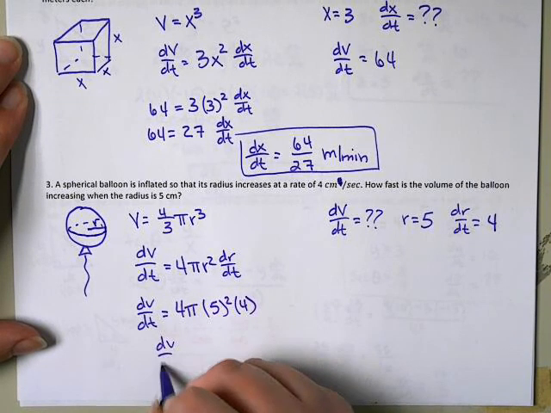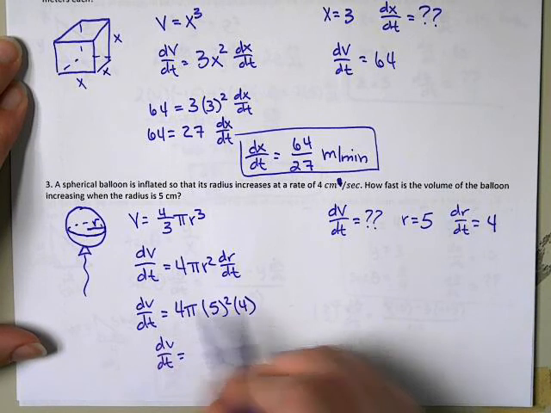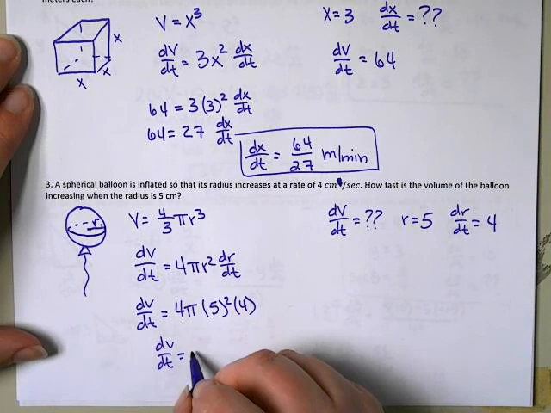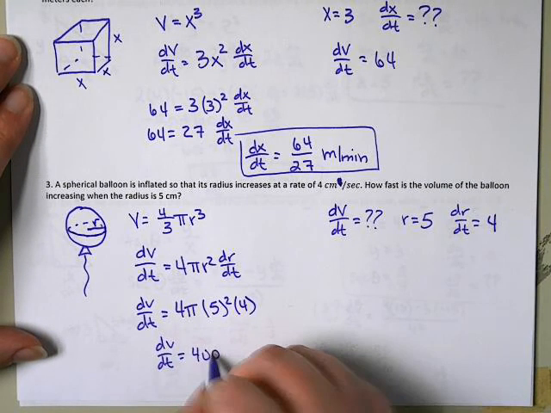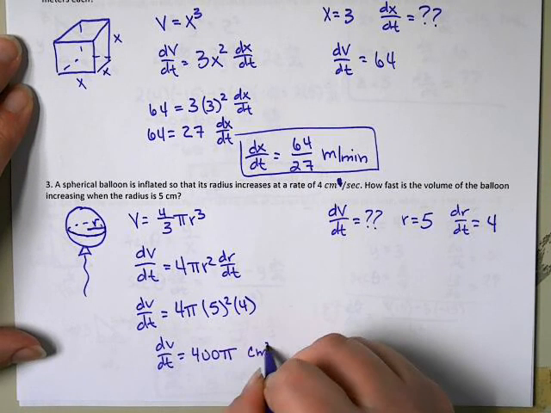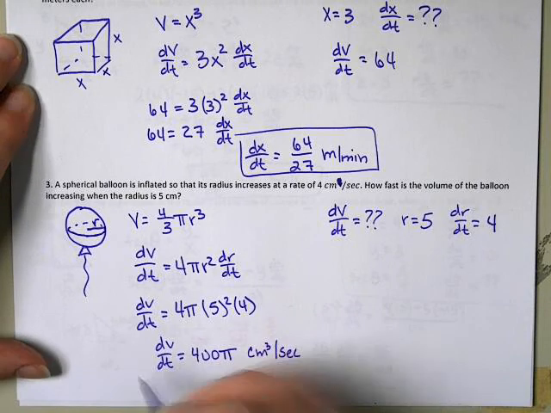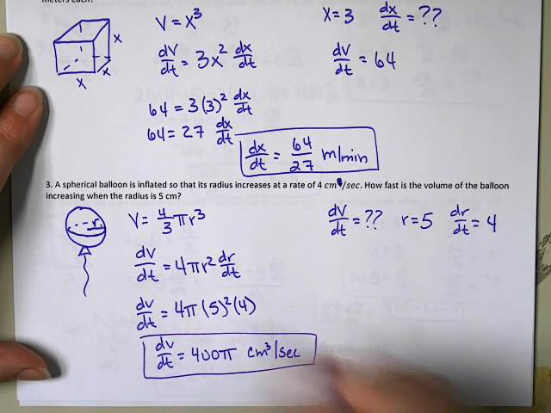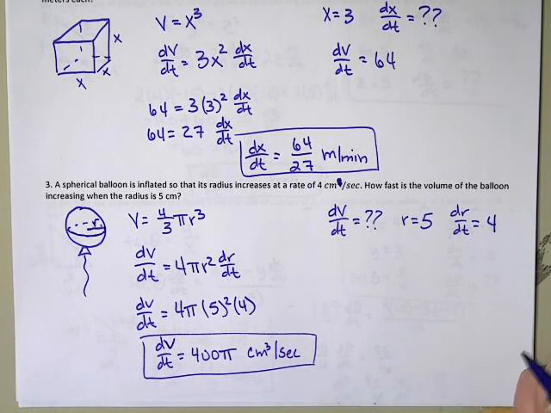So we get that the volume is changing at a rate of 16 times 25. So we get 400 pi. And now I need centimeters cubed per second, because now I'm looking at the volume changing. Okay, that's it then for this.